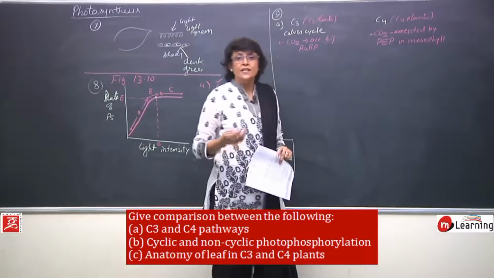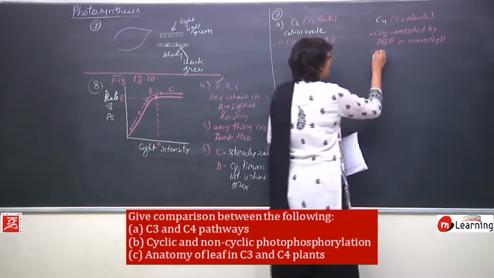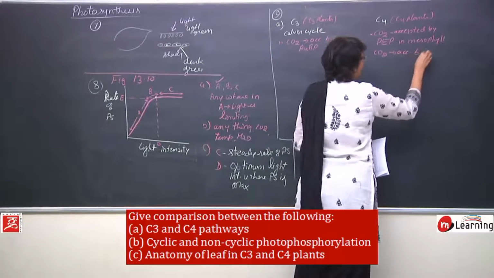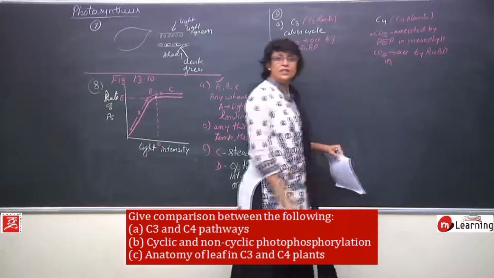And what happens in the bundle sheath? There also carbon dioxide is accepted. So carbon dioxide is accepted by RuBP in bundle sheath cells.